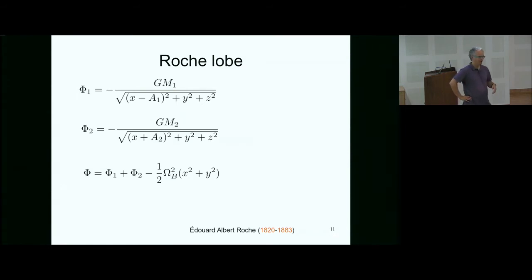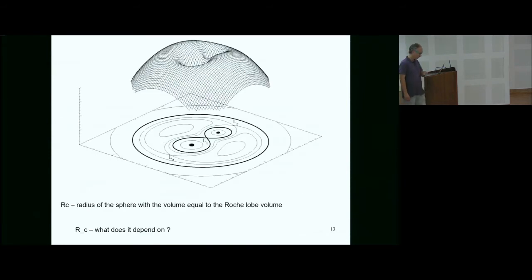Coriolis force, yes. So we assume that this particle is not having any significant velocity in the system. So the Coriolis force is neglected, and we have this potential, and here you can see how the potential looks like. It's not going to 0 at infinity, it falls down to minus infinity at infinity.